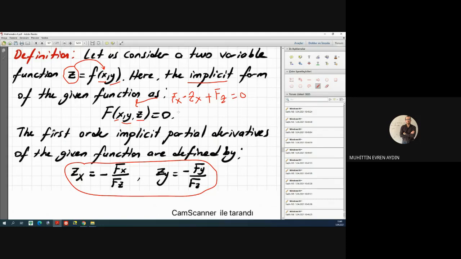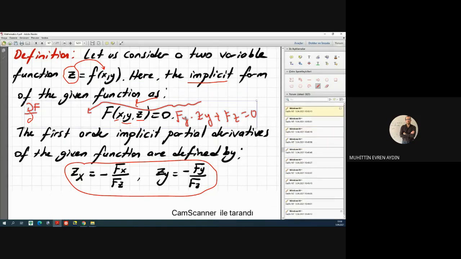And with respect to y, we write here fy, zy, and plus fz. By the way, let me make it more clear. Okay. By using the chain formula, let's obtain this.